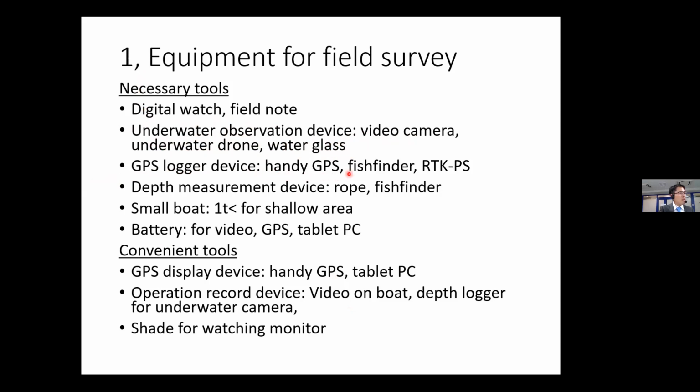So a handy GPS or fish finder with GPS or RTK positioning system is also good. Depth measurement devices, rope or fish finder. And a small boat less than 1 ton is recommended because we sometimes enter shallow water. Of course, many batteries are required for each device.